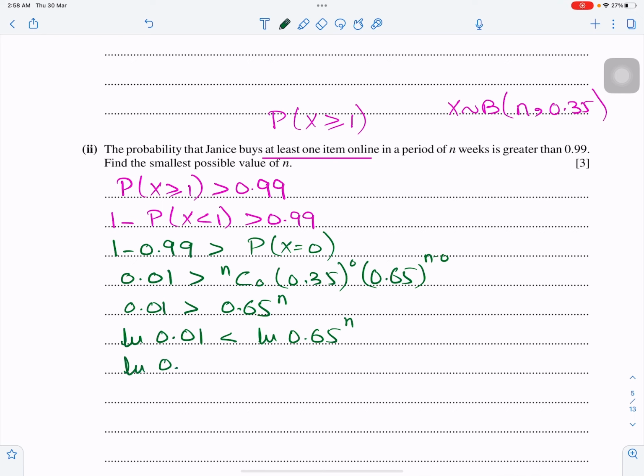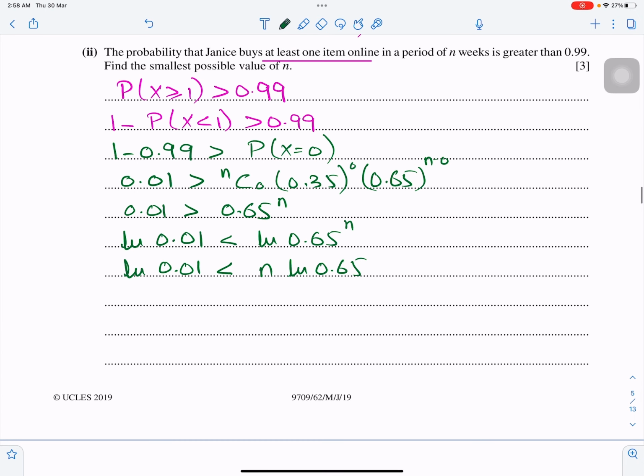I'm sure you know because you have done logs before. So it is n ln 0.65. Now you will divide both sides. So it will become ln 0.01 divided by ln 0.65 on one side and n on the other. Now you can use the calculator and it will give you n is, because you will read it as n is greater than this. So the answer is coming 10.69.